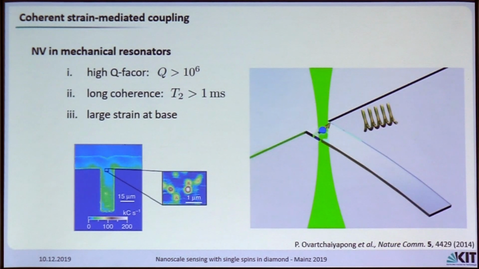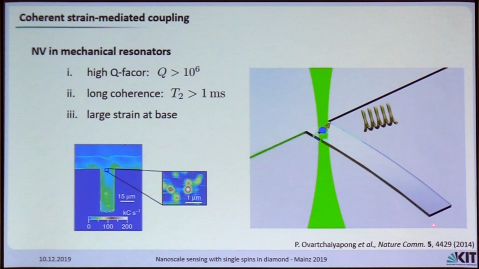And then in the end, very quickly, I want to talk about these cantilevers, because you can think of many different kinds of geometries you could design out of your diamond with NV centers inside, for whatever application you have. Of course, you have the membranes, but you can think of the one-sided clamped cantilever or the two-sided clamped beam and do measurements with those.